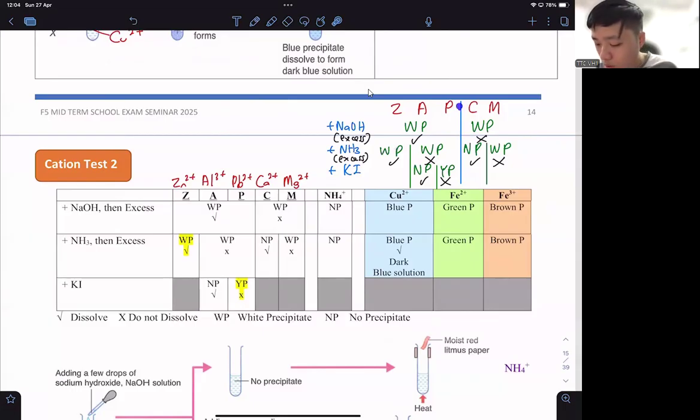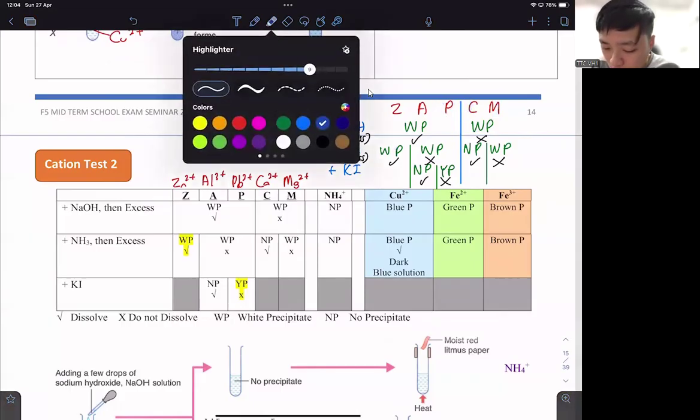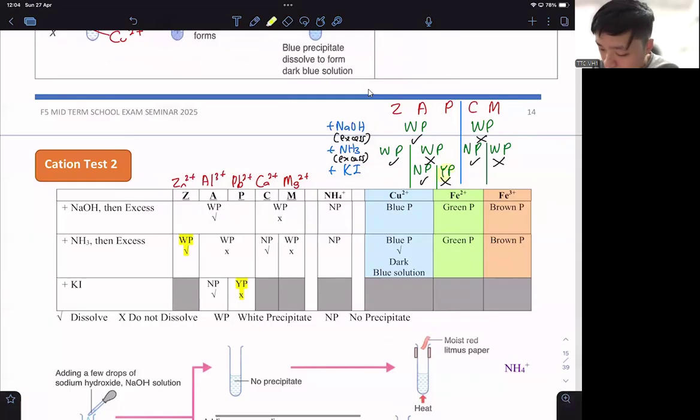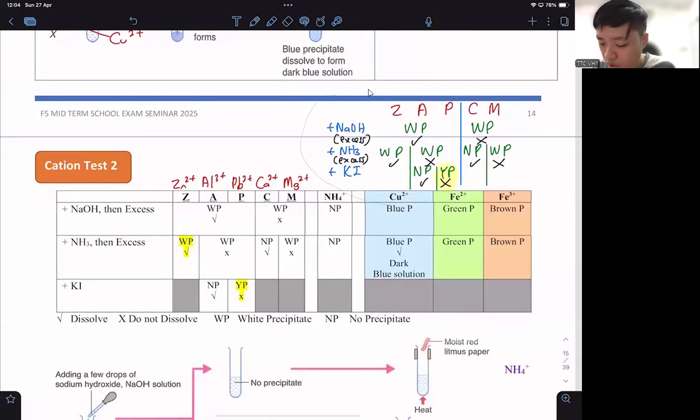Or for lead, it is simple: you get a yellow precipitate when I add KI. When I add KI and get a yellow precipitate, it proves that inside you have Pb2+.